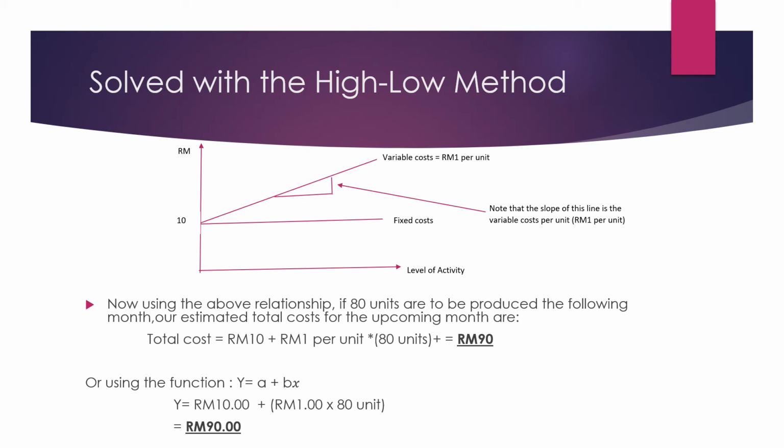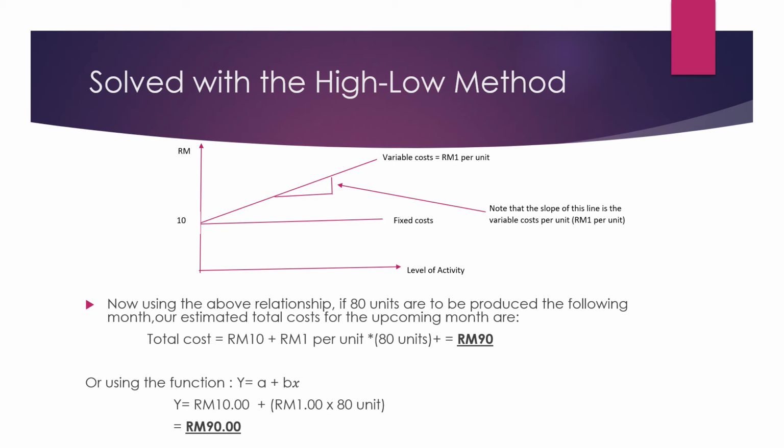Now, using the above relationship, if 80 units are to be produced the following month, our estimated total cost for the upcoming month is total cost equal to RM10 fixed cost plus RM1 per unit variable cost multiplied by 80 units.